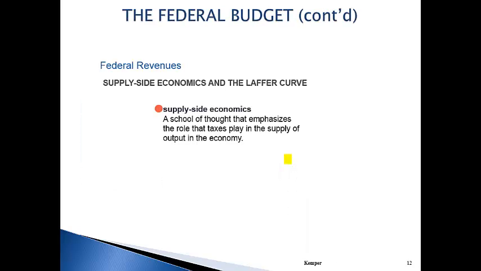Okay, supply side economics and Laffer Curve. This is where the Republican theory that's most common comes into play. The supporting businesses comes into play. The supply side is a school of thought that emphasizes the role taxes play on the output side of the economy. This is the producer side. Essentially what they believe is that if you lower taxes on businesses, businesses can hire more people, and those people will have a multiplying effect in the economy by purchasing more goods.